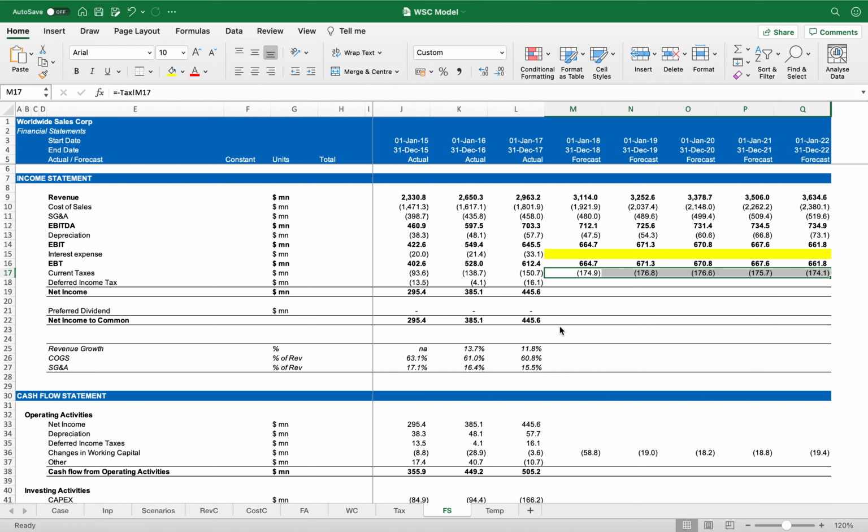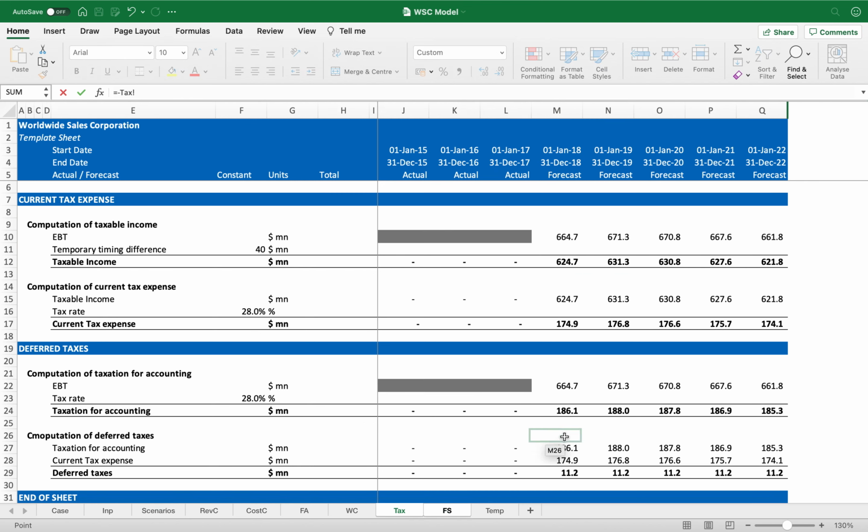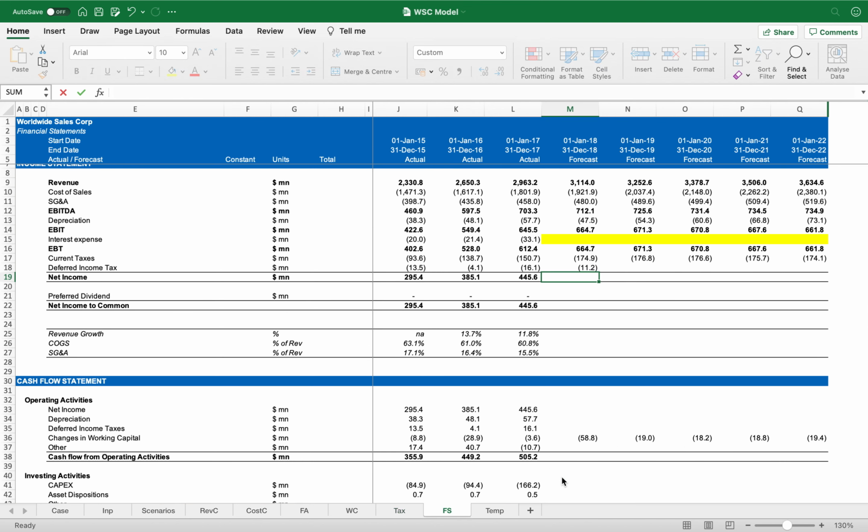I link the deferred taxes as well, and I arrive at my net income except interest expense. So interest I am yet to compute, so I have just highlighted it as of now.